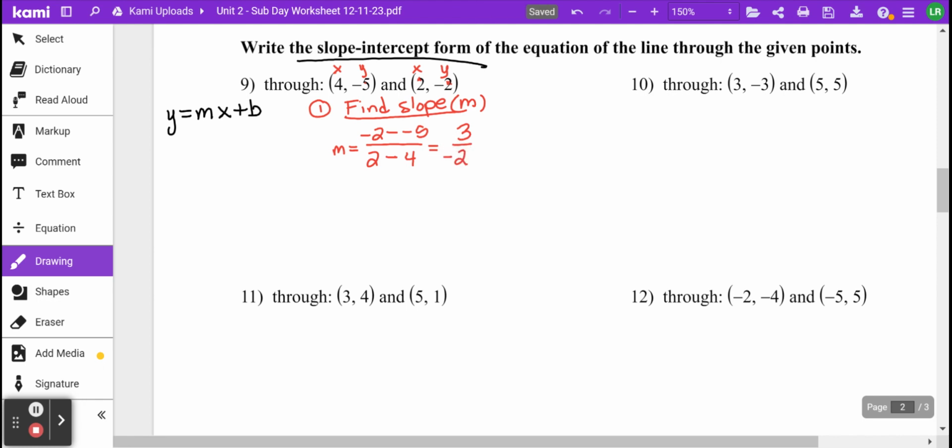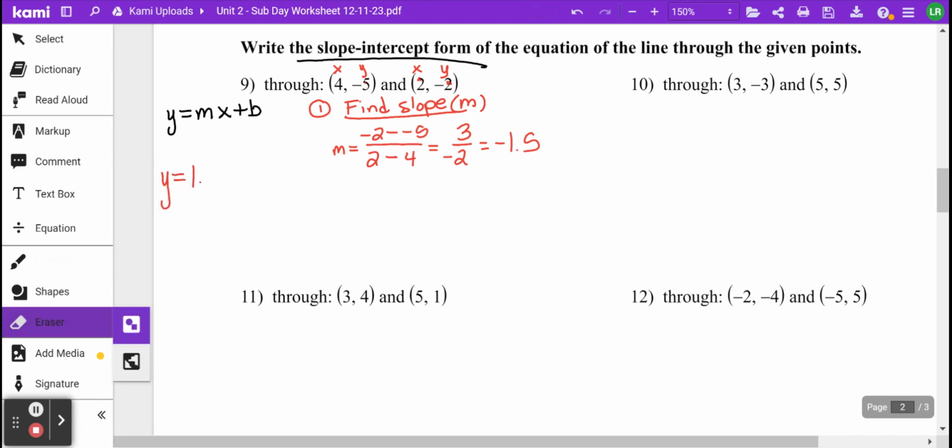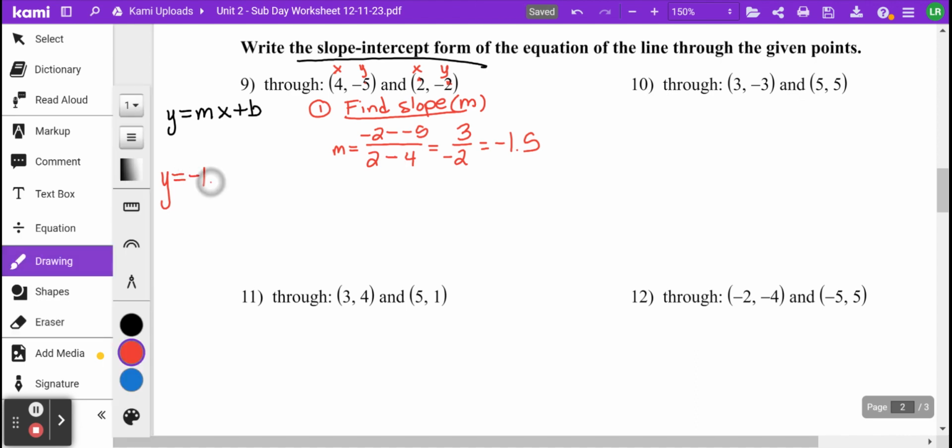And since we're going to be using decimals for a lot of this, 3 divided by negative 2 is negative 1.5. So we have that part. We have our m. Negative 1.5x.